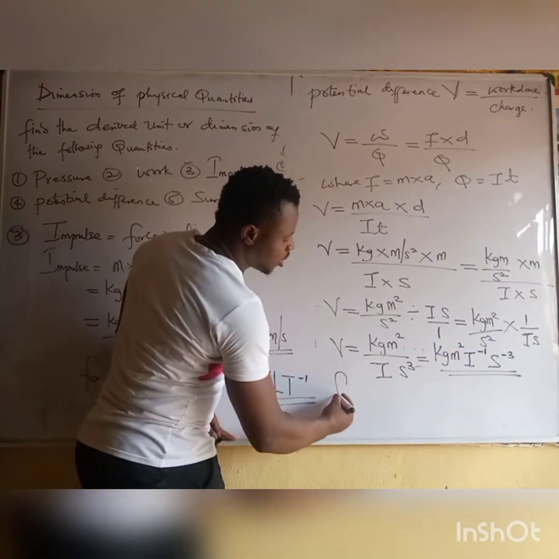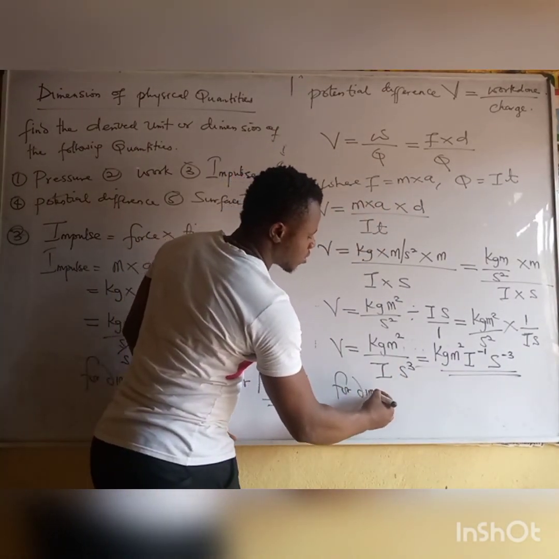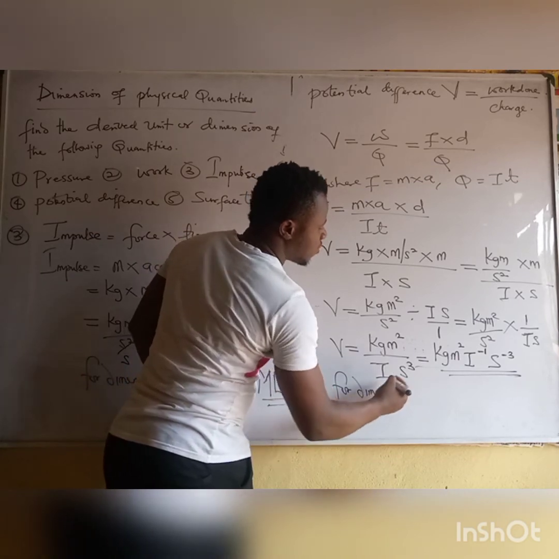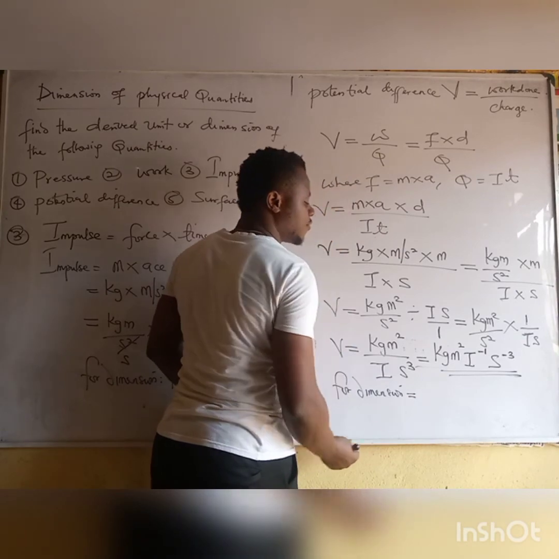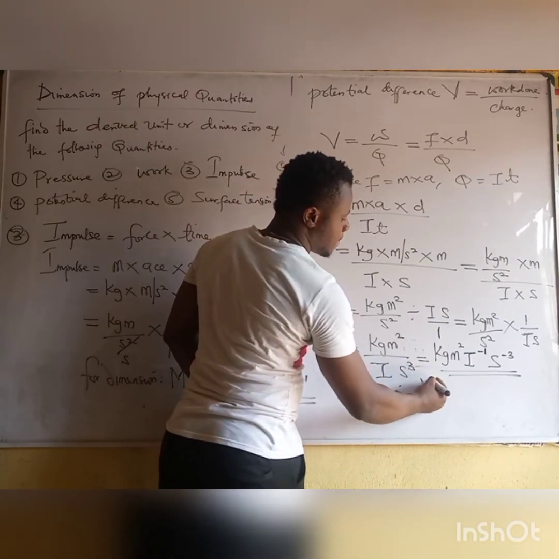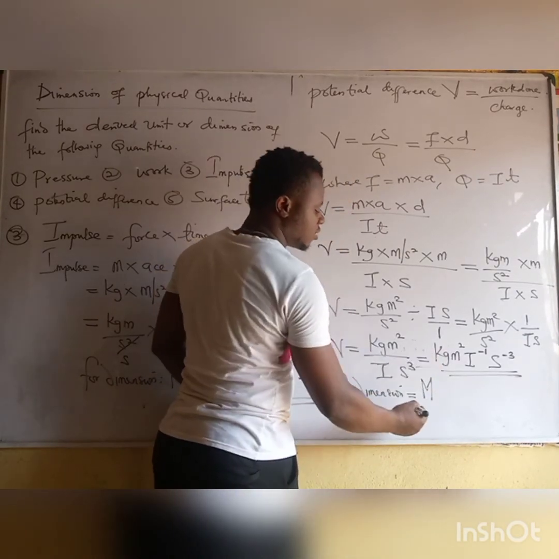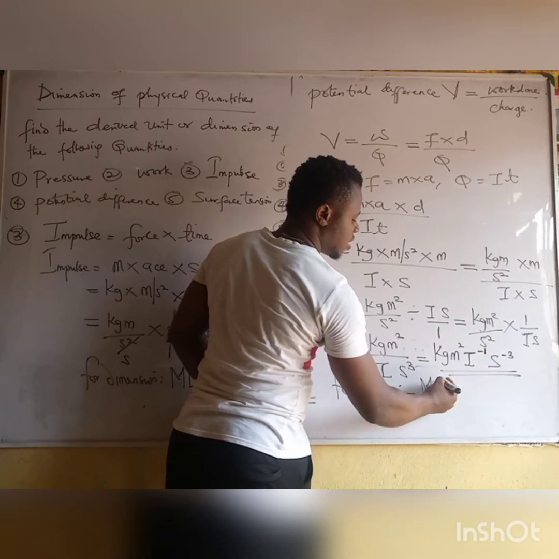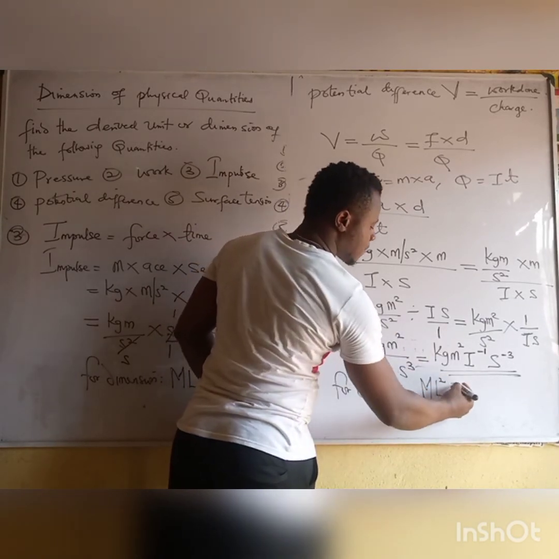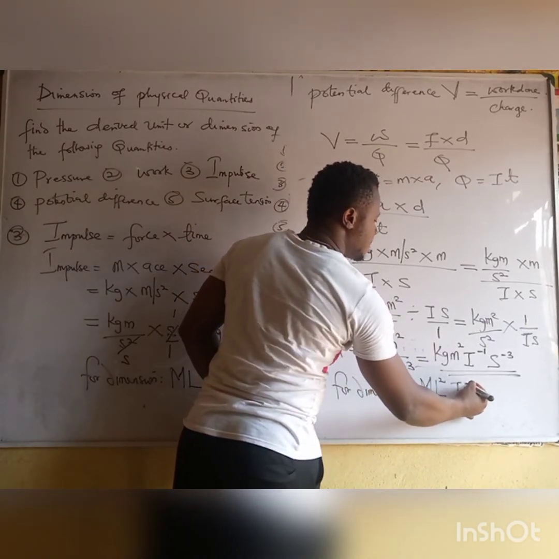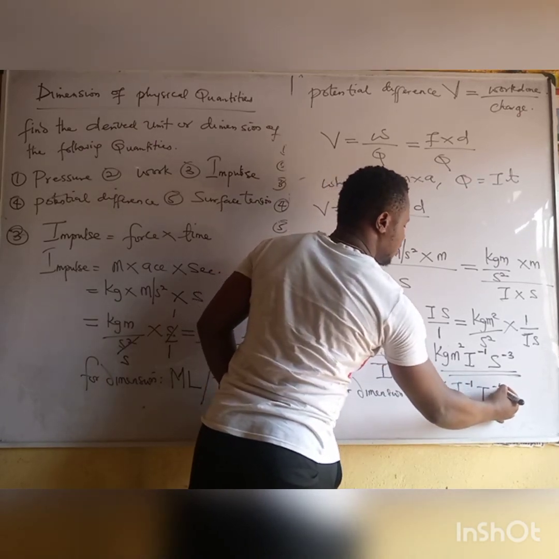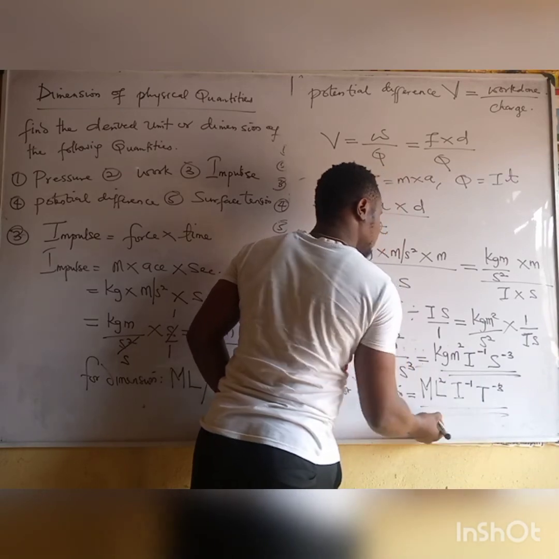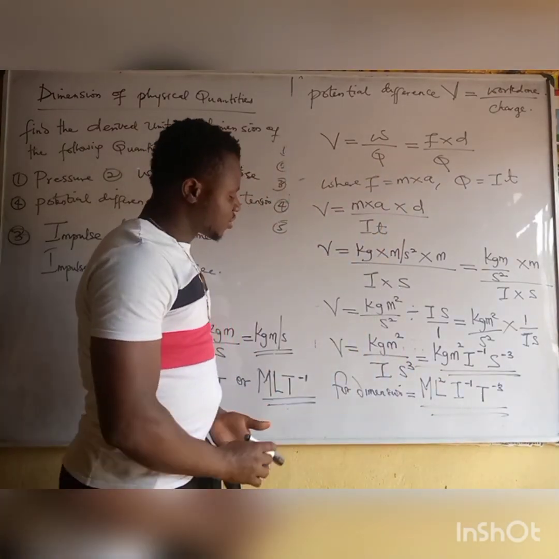But for dimension of this, we are going to have mass as kg, length as meter, I minus 1, and the time minus 3. So this is the dimension of the potential difference.